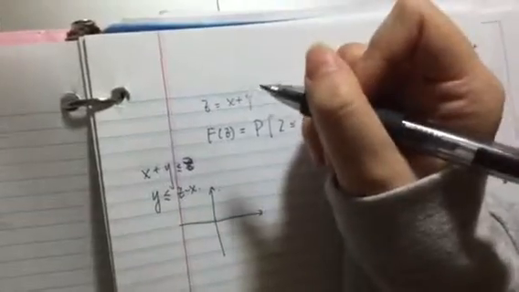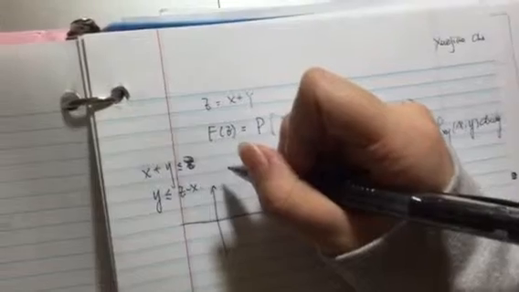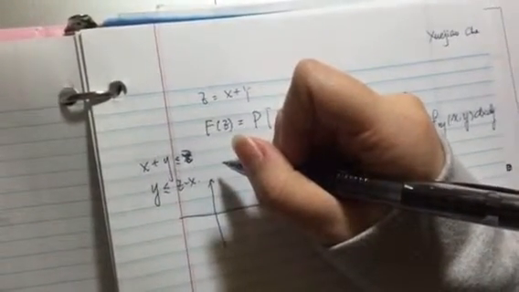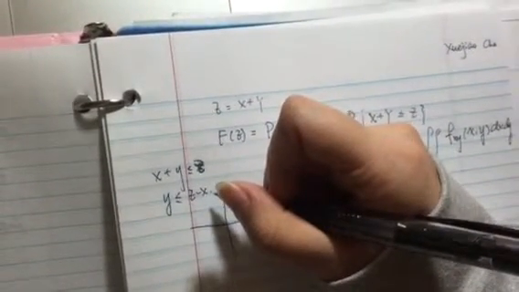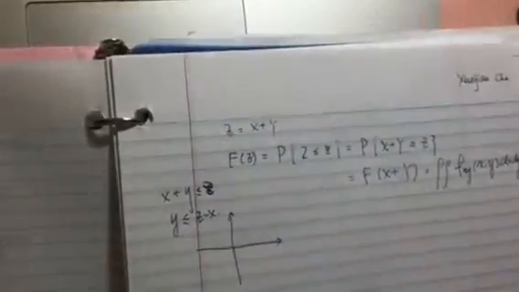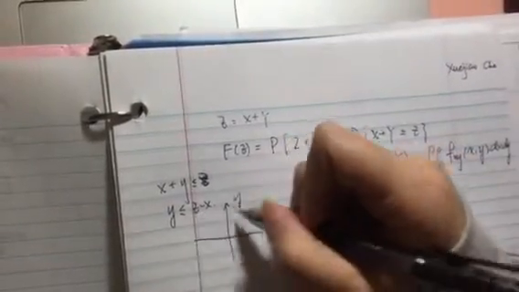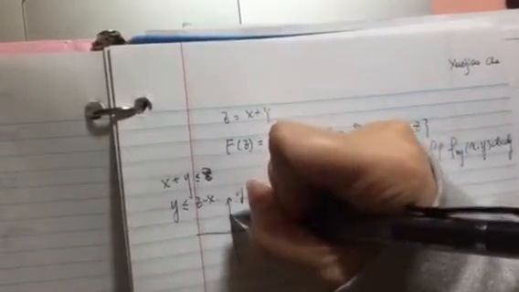So y is less than or equal to z minus x. If we have x plus y smaller than or equal to z, then y is smaller than or equal to z minus x, and so we have minus x plus z.